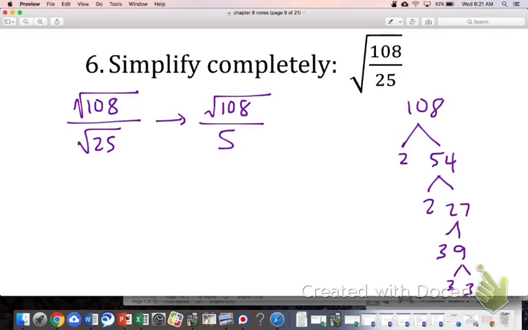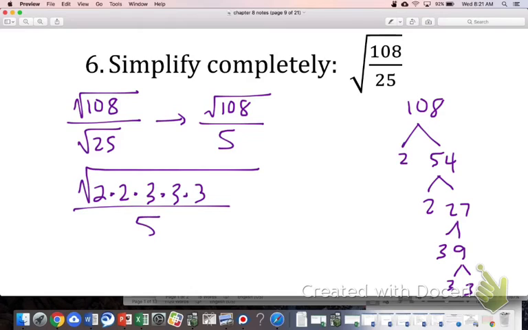So if you can break that down in your head, no problem. If you want to do a factor tree, of course, no problem either. So square root of 108 would really be 2 times 2 times 3 times 3 times 3. So then we use the same kind of strategy we have been taking. We're going to be looking for pairs.